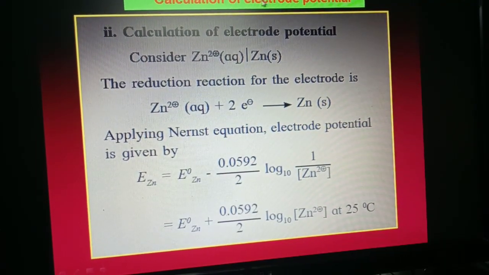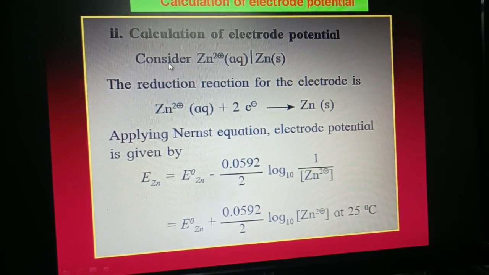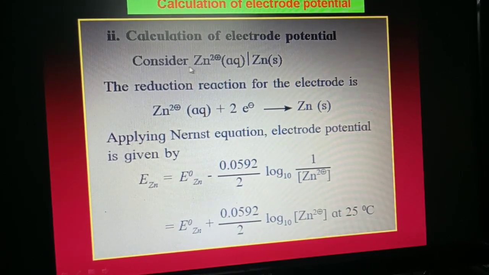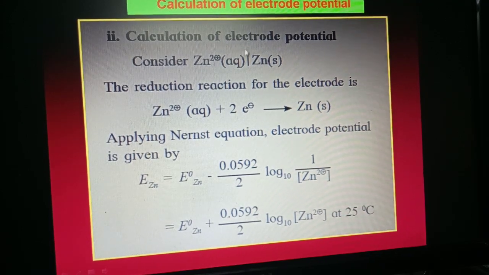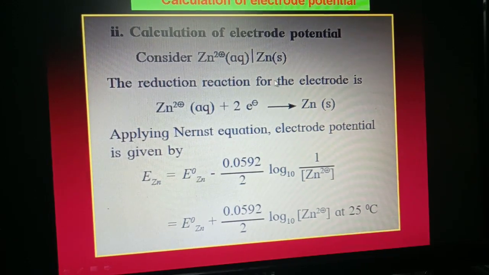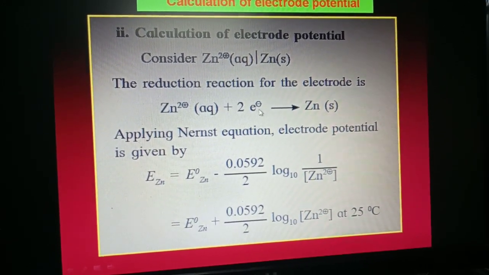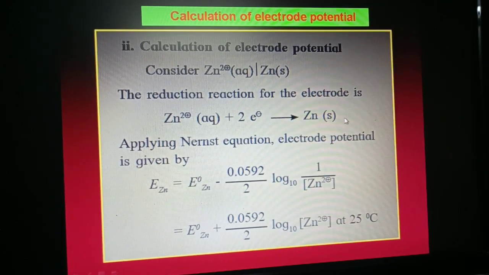Now, calculation of electrode potential. How to calculate an electrode potential? Consider another electrode here. Zn2+ aqueous is in direct contact with zinc solid. If a reduction reaction is said to take place over here, Zn2+ aqueous will gain 2 electrons to form zinc solid.